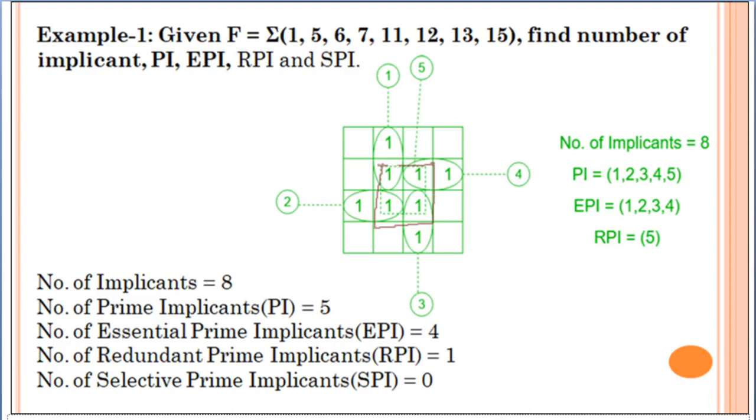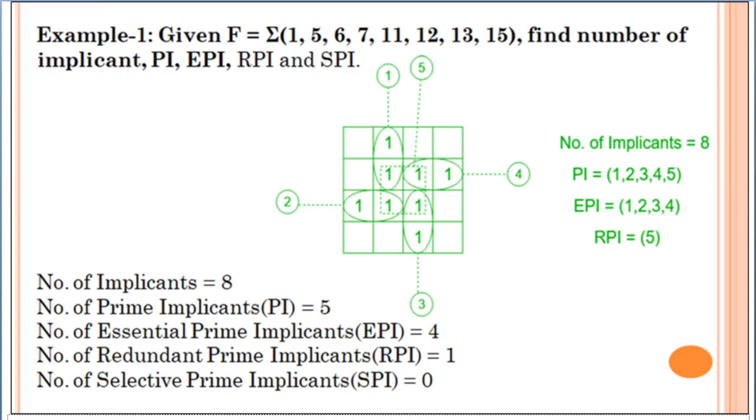So this group becomes our dummy group, and obviously this group will not be part of our function. We identify our redundant prime implicant as the fifth group.